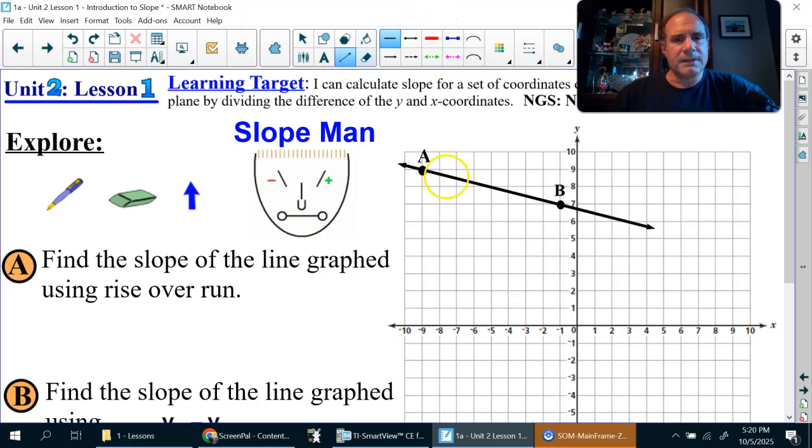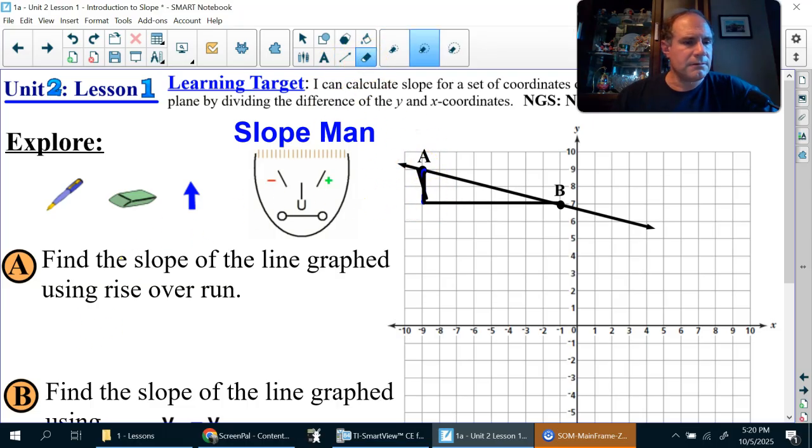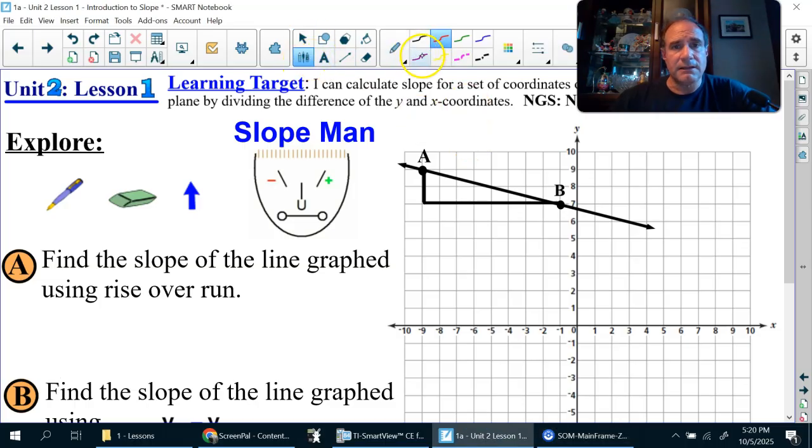So let's go ahead and connect. Let's go ahead and do the triangle there. So this, I could tell right away, it's going down from left to right. So if it's going down from left to right, R over here, L over there, it is a negative slope.